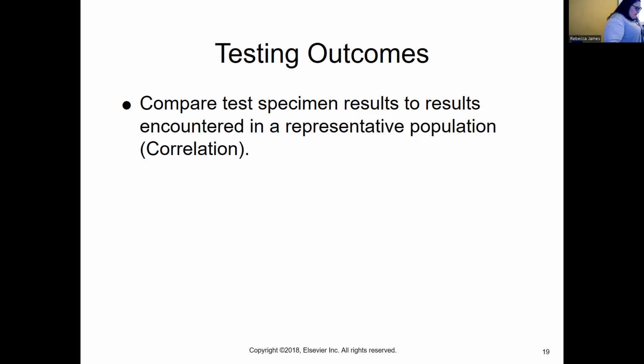So that's what it's saying, is that before a physician can determine whether that result is acceptable, they have to know what is acceptable for that population. And how would they know that?